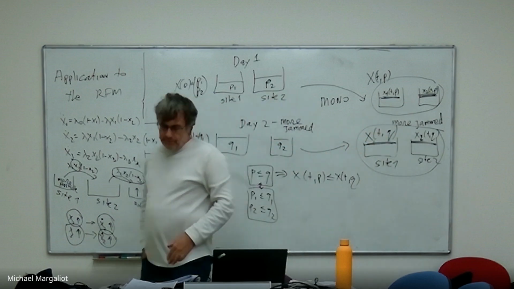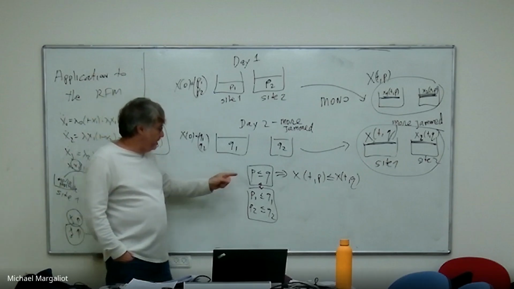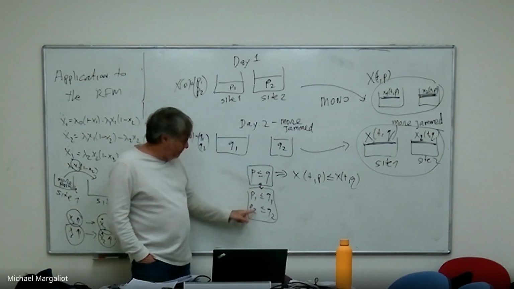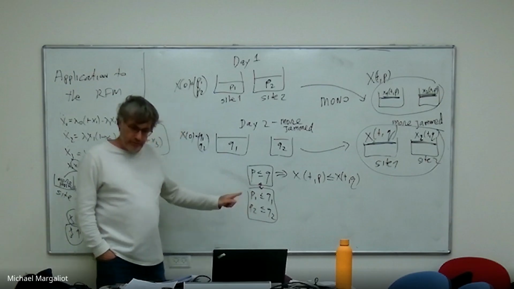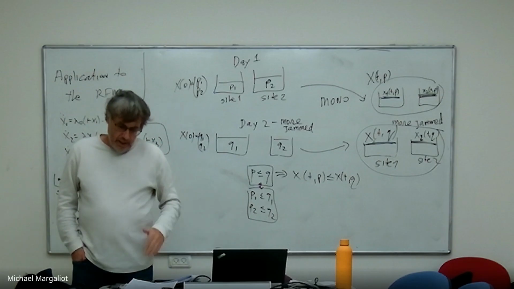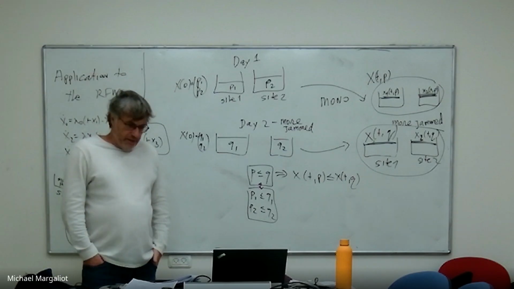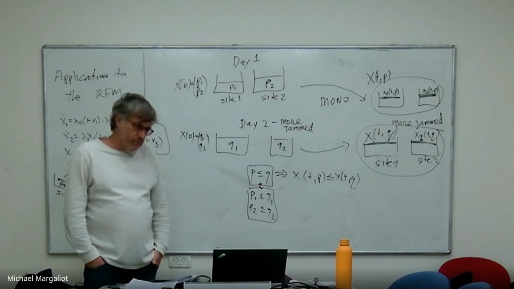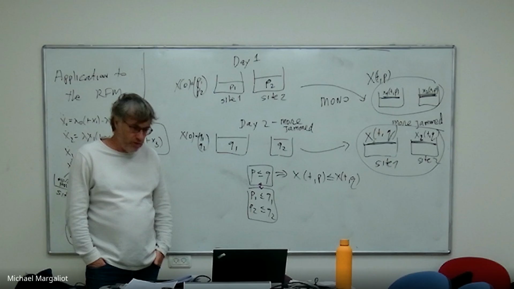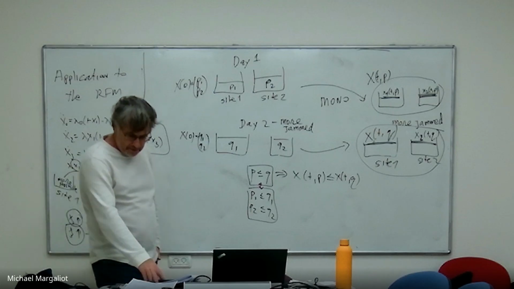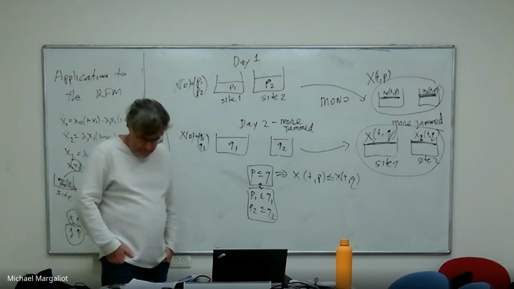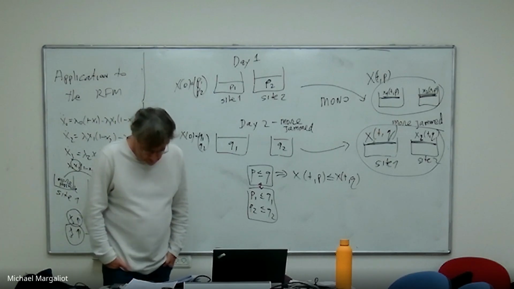So maybe it gives some intuitive explanation of what monotonicity is and why we require this in every site, because we need really a day that is more jammed than the other day. Is this clear or any questions? Now is really the time to ask. Clear.